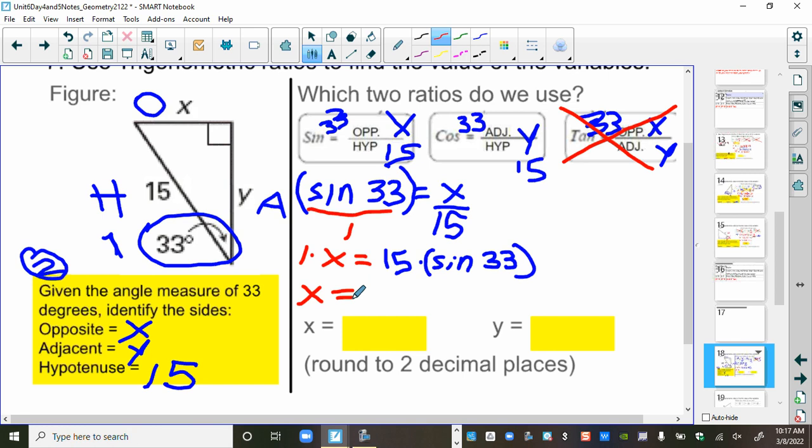You can just do 15 times sine of 33. And what do you get? So use our calculator, type in 15 times sine of 33, and then somebody tell us what we have.